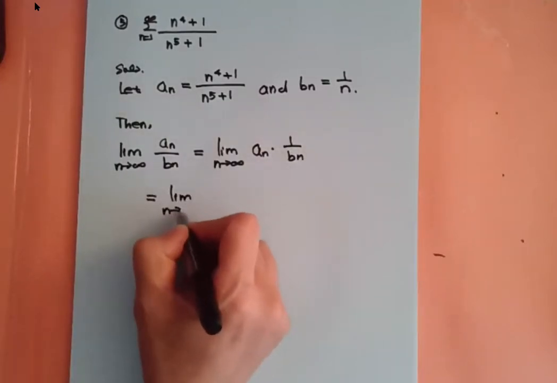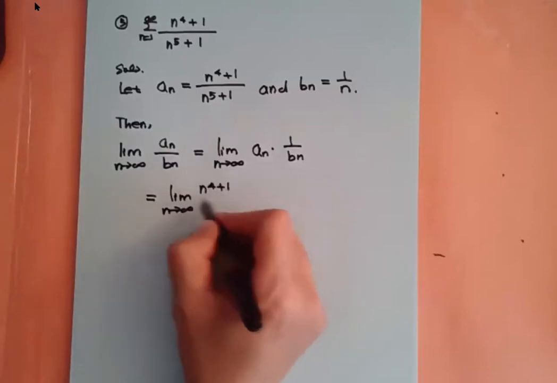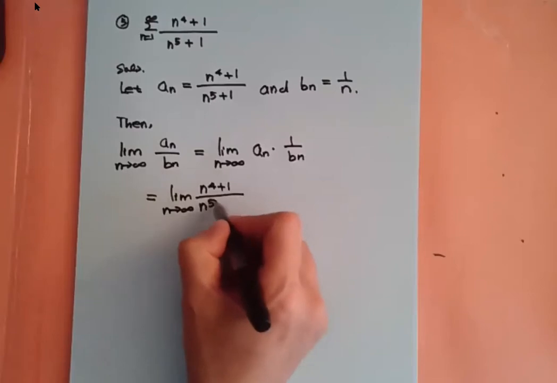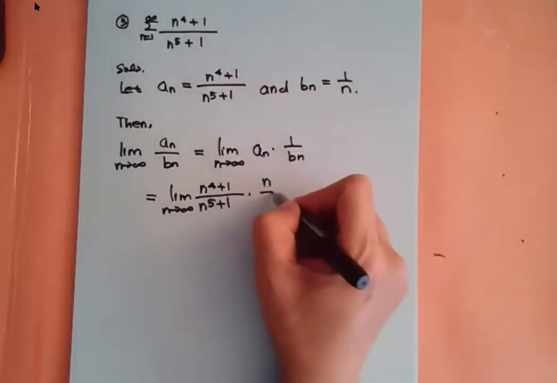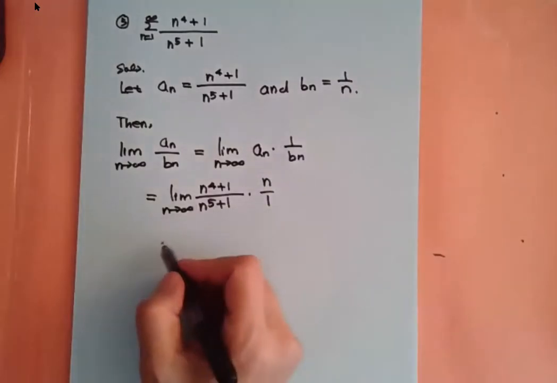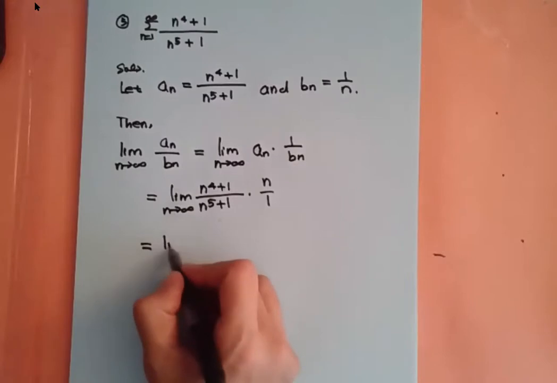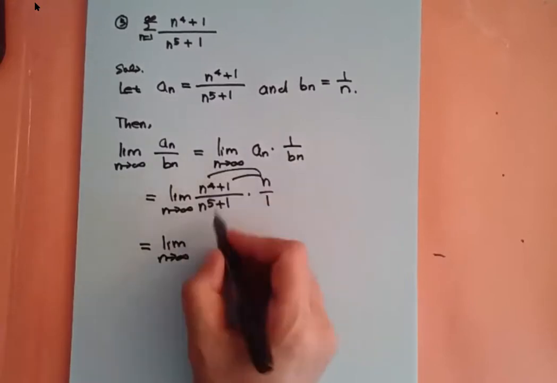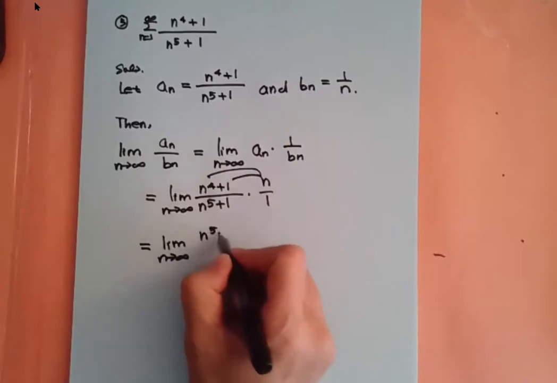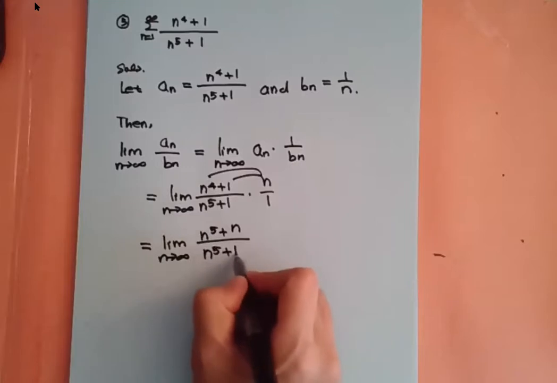That means n goes to infinity, an is n to the 4th power plus 1 over n to the 5th power plus 1, times 1 over bn is n over 1, just flip it. So that becomes limit n goes to infinity. We distribute, then that is n to the fifth power plus n over n to the fifth power plus 1.